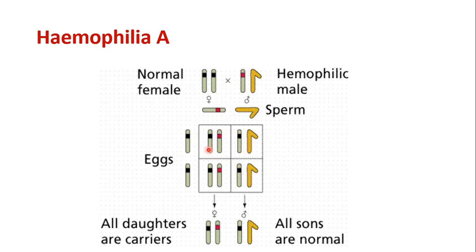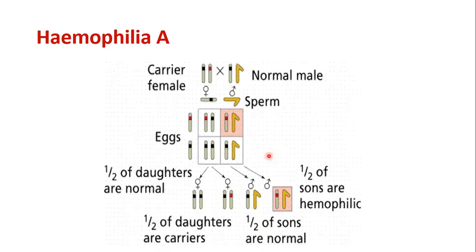One X chromosome of the father can go to the daughters and one can go in combination. If you see the combination, all the daughters are carriers and the sons are normal, when a normal female marries a hemophilic male.